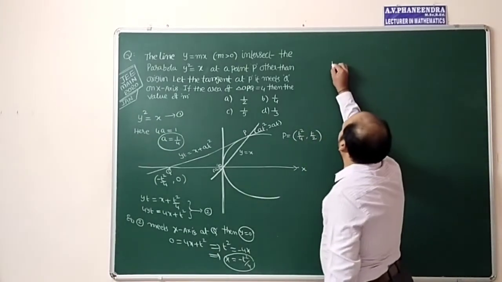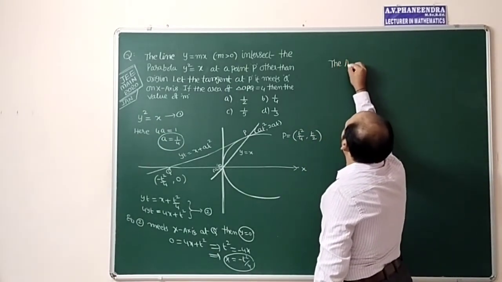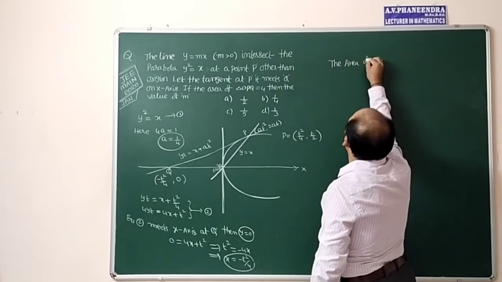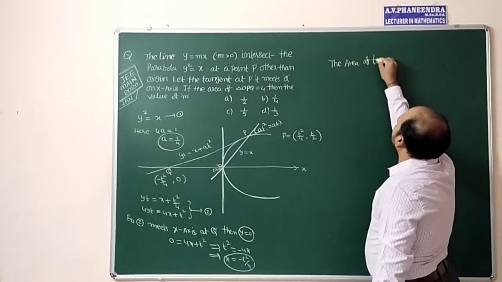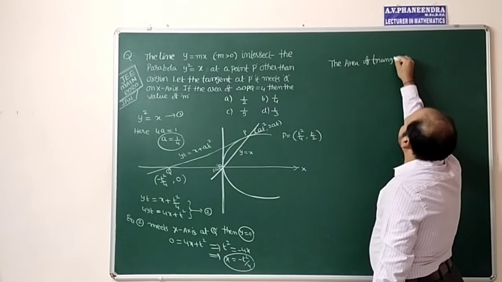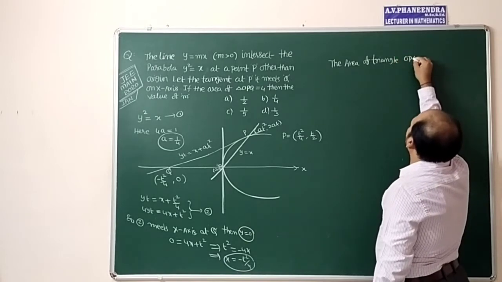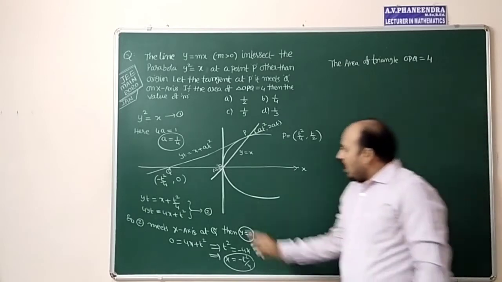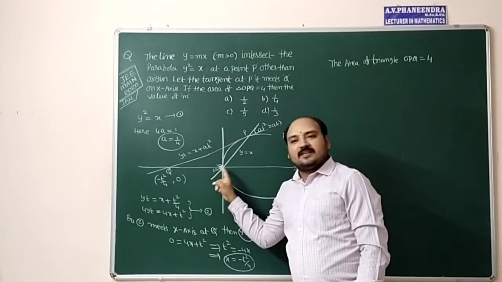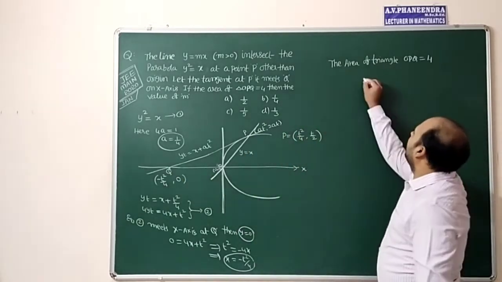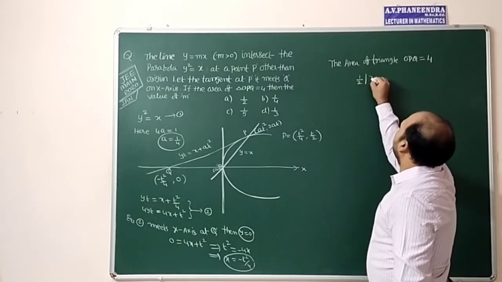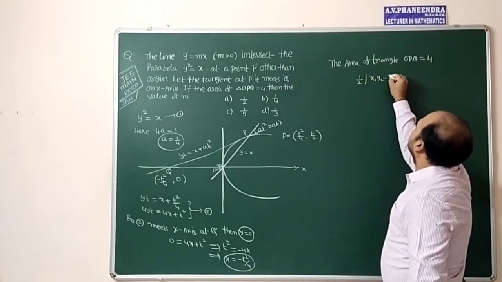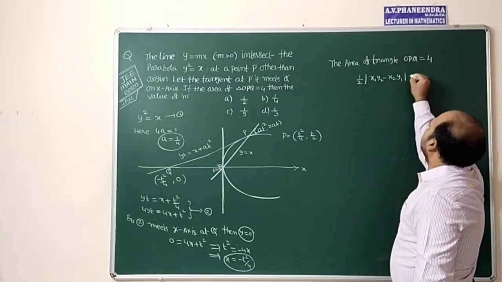Now the area of triangle OPQ is equal to 4. Among these 3 points, one of the vertices is the origin. We know the formula, half into mod of x1 y2 minus x2 y1, which is equal to 4.